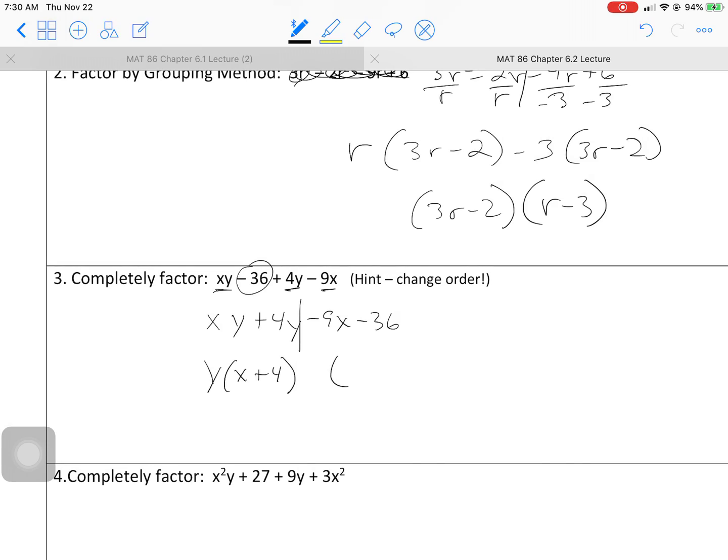And then go over here. Can I get x plus 4 out of this? Well, I know I'm taking out a negative, and if I take out a negative 9, that actually will work. Negative 36 divided by negative 9 is a 4. So y minus 9 and x plus 4.